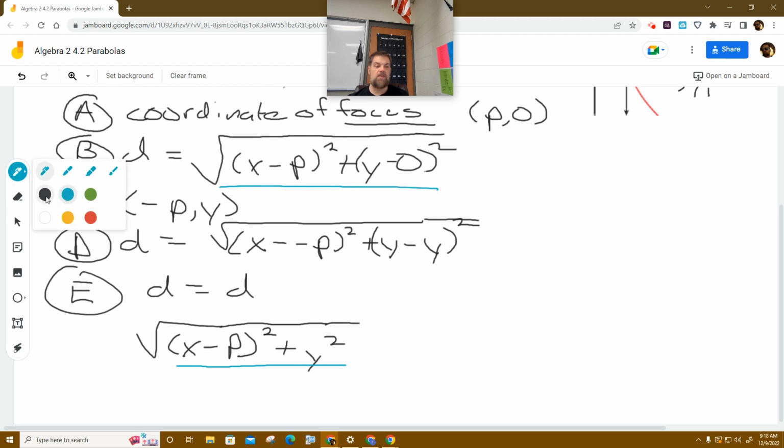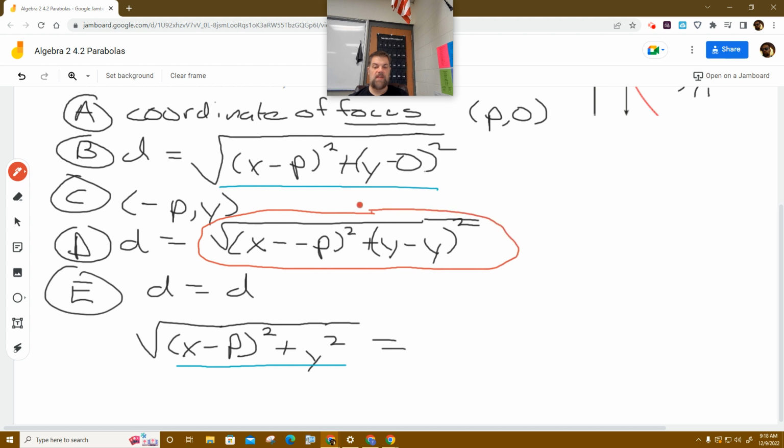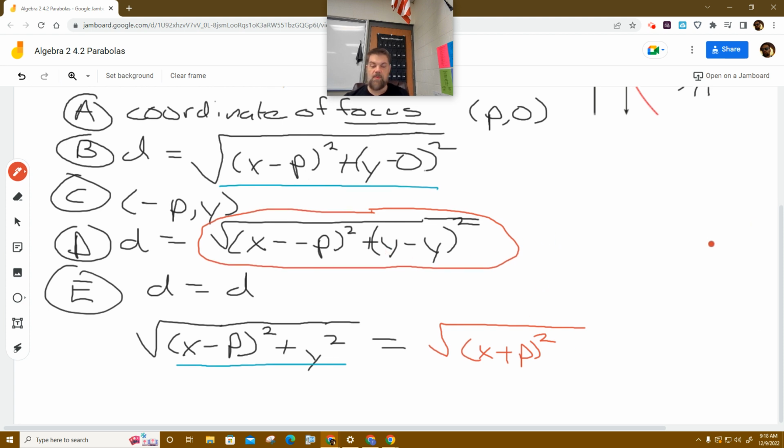That has to be equal to this stuff here, because they're both equal to d. So then I'm going to say the square root of x plus p squared. What's y minus y? What's this become? 0. 0. And 0 squared is just 0. So that's it on that one.